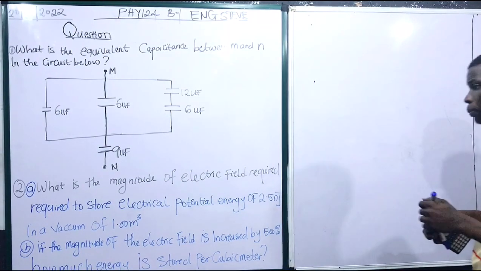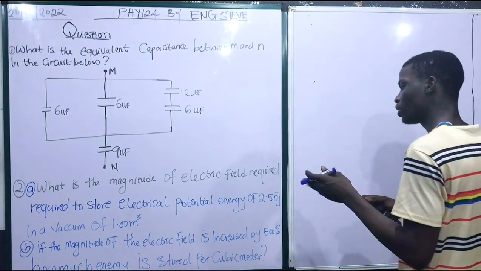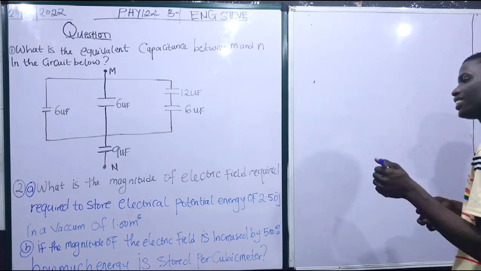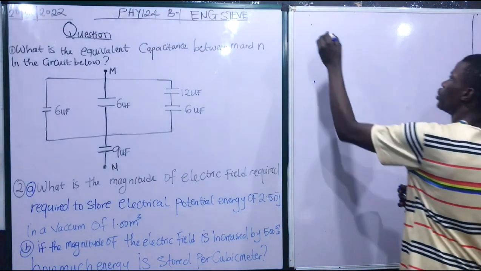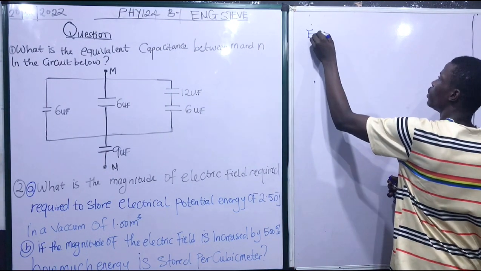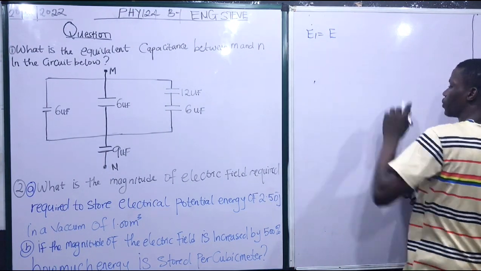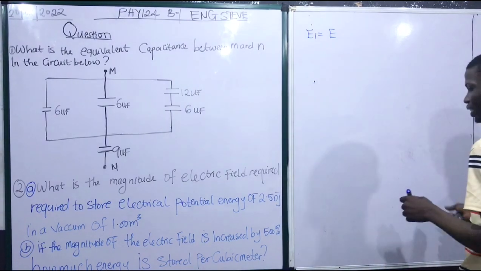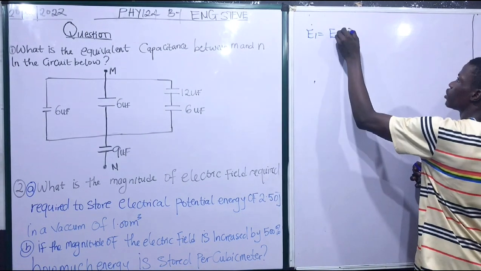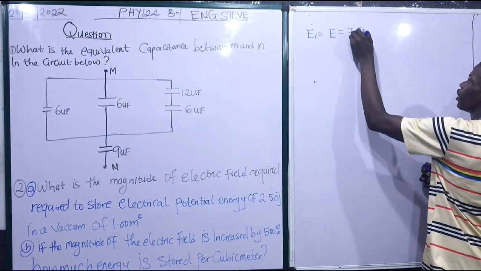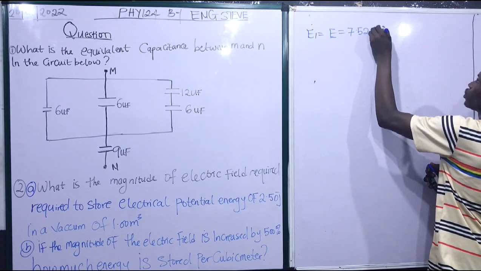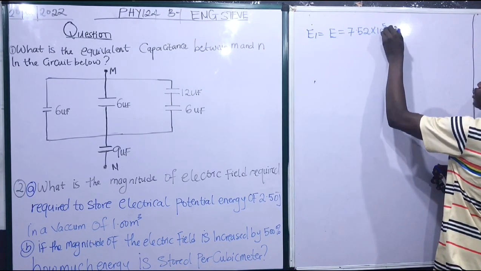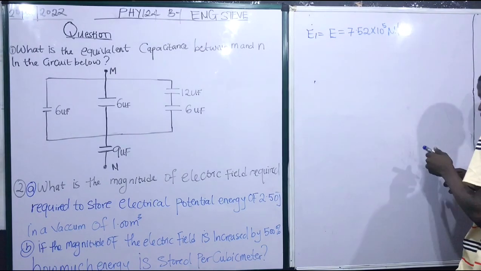So the second part of the question said, if the magnitude of the electric field is increased by 500%, so our E1 is equal to the E normal, which is the value we got there, which was 7.52 times 10 raised to the power 5 Newton per coulomb.